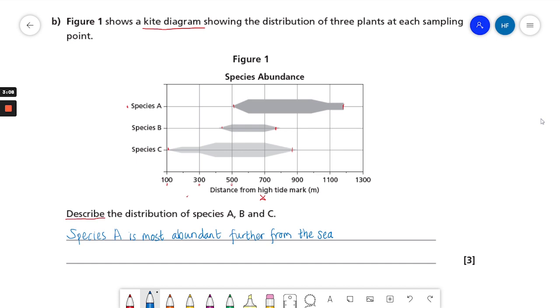While species C is most abundant closest to the sea.